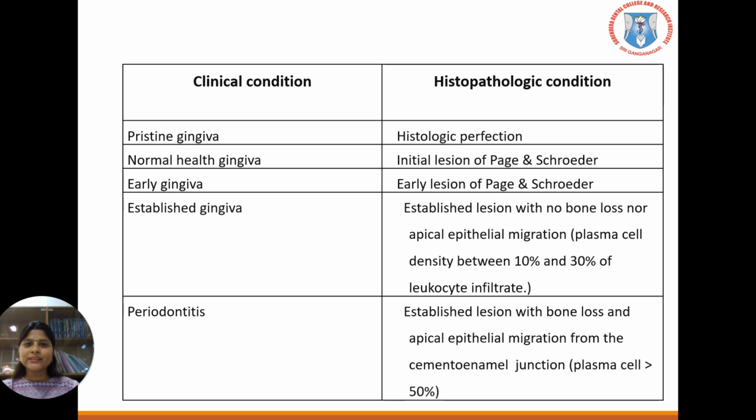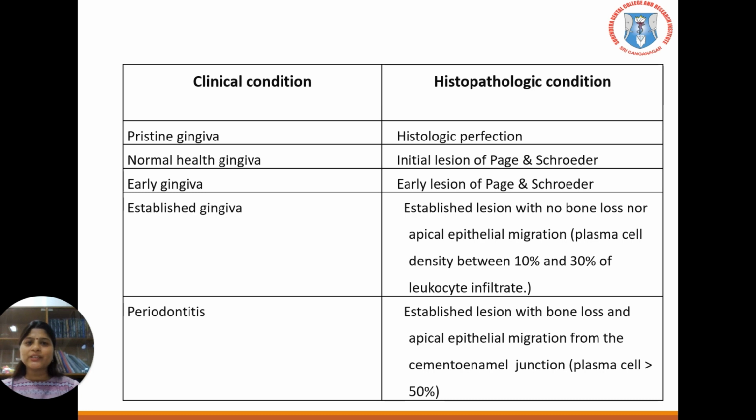That is the ideal condition which is required, but still some histological changes do occur. So even in clinically healthy gingiva that we see in the clinics, histologically it is not perfect, though clinically normal healthy gingiva is the same.